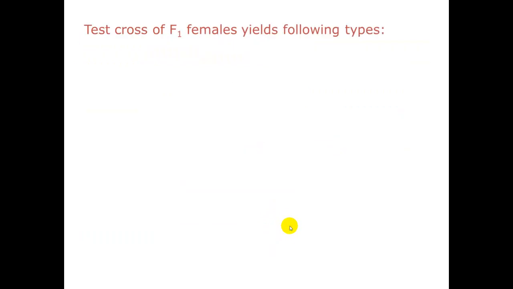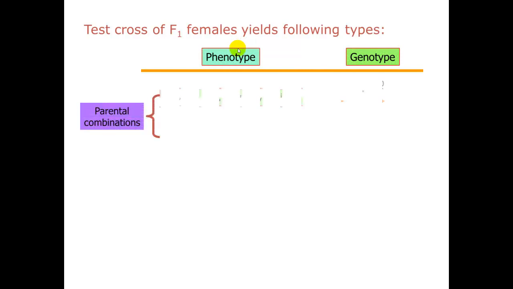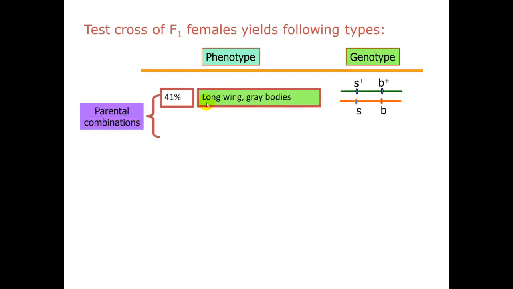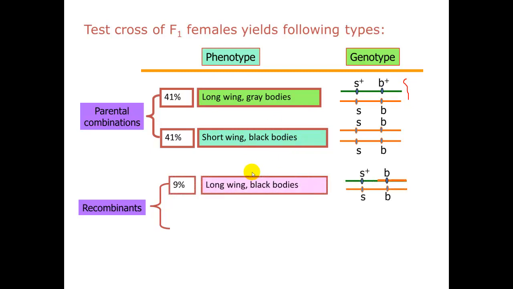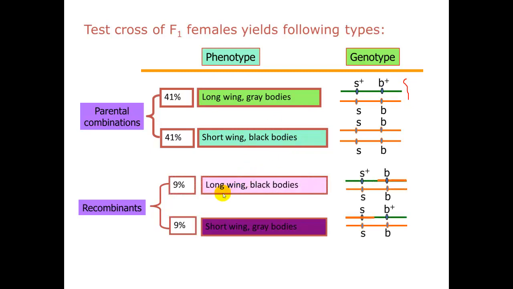Now the test cross was done. In the test cross, the F1 long wing, grey body were taken and crossed with a double recessive parent. And what they observed was that the long wing, grey body were much more, that is 41%, so was the case of short wing, black body, and the recombinants were just 9%.